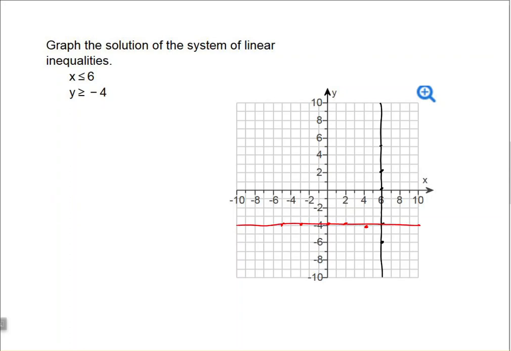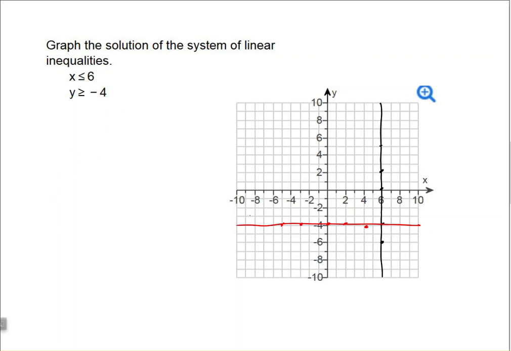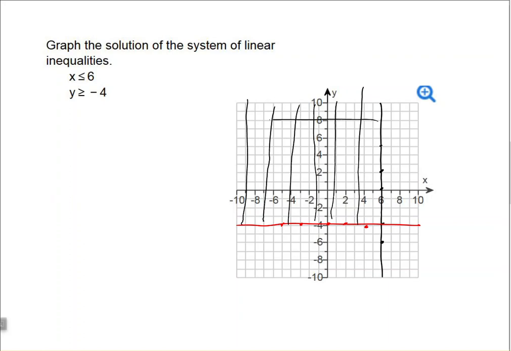And that one says y is greater than, so I'm shading above that line. So if I'm shading above the red line and to the left of the black line, then that tells me that the solutions intersect in this area here.